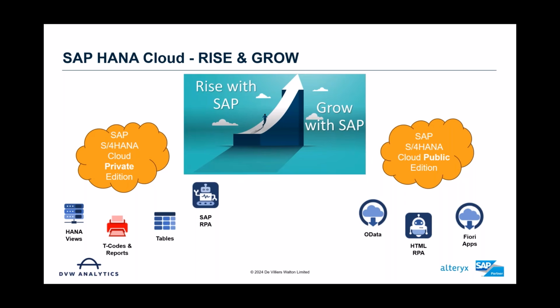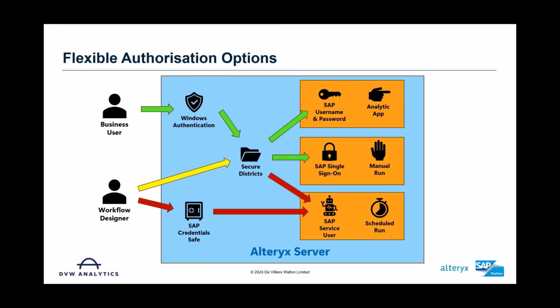So somebody else looks after the hardware. Absolutely, we can connect to all of that. But equally, on the public cloud edition, we can connect in different ways, but we can still connect in and bring data there using things like OData and Fiori apps to connect into those solutions. So we're very much future-proofed in that direction. All of that, of course, goes without saying, is available on the server.